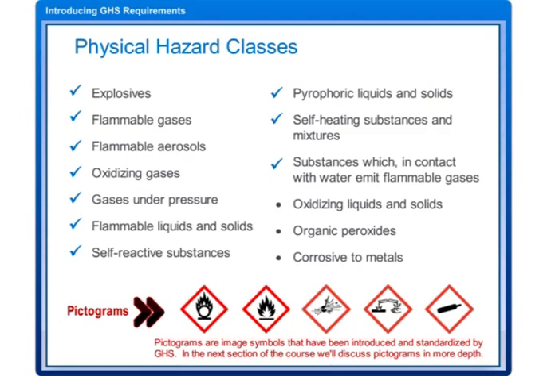Substances which, in contact with water, emit flammable gases. Oxidizing liquids and solids yield oxygen, so they can feed fires and explosion, plus might be reactive with water. Organic peroxides can catch fire easily and burn very rapidly and intensely. Corrosive to metals means that it can damage or even destroy metals.